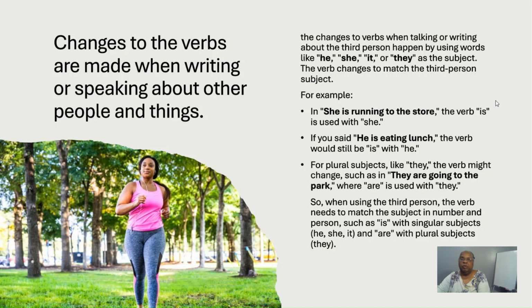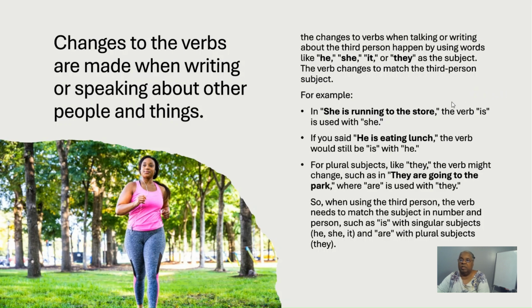Changes to the verbs are made when writing or speaking about other people and things. The changes to verbs when talking or writing about the third person happen by using words like he, she, it, or they as the subject. The verb changes to match the third person subject.